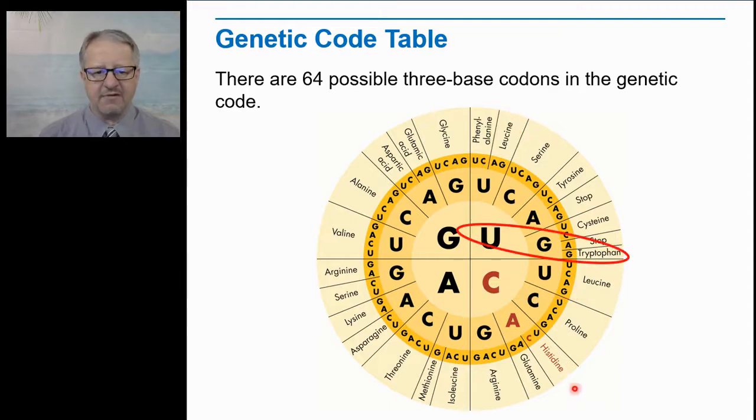We also have, for instance, only 1 codon for tryptophan. UGG is the only codon that codes for the amino acid tryptophan.